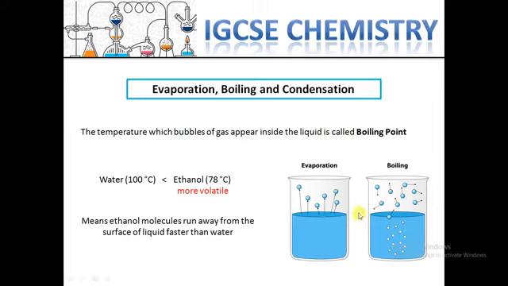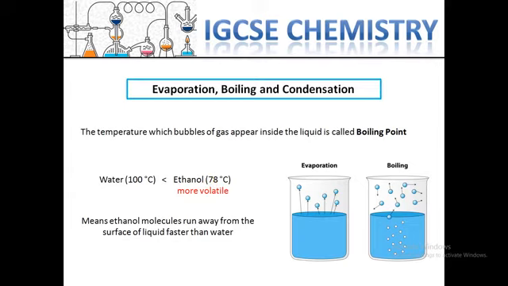So in a comparison between water and ethanol, we can see that water boils at 100 Celsius, but ethanol would boil at 78 Celsius.